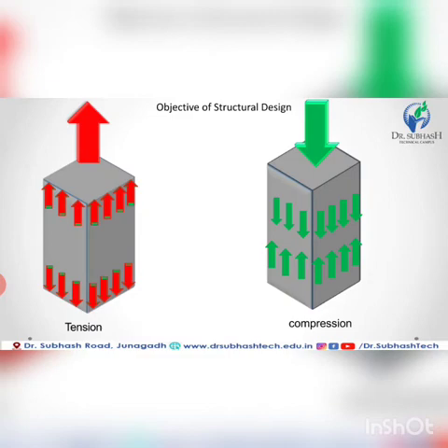Two types of force, tension force and compression force. Like this force is compression, this force is tension. Plain cement concrete resists compression, and the steel portion resists tension. Okay.